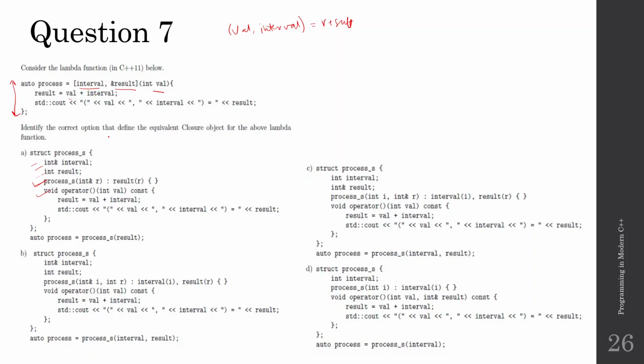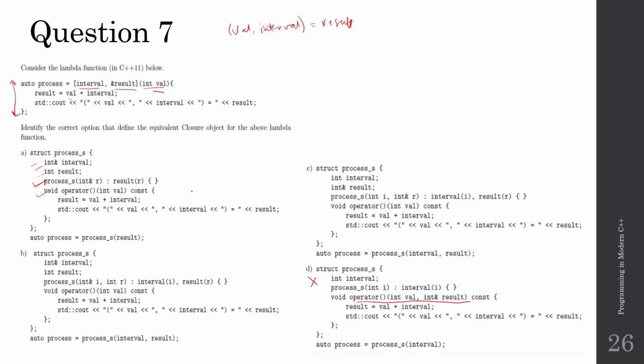We know the lambda function accepts only one argument, int val. So we can exclude any functor objects which take more than one argument, for example D. In D, the call operator takes val and result, so the function signature is not matching, and D won't be the case.